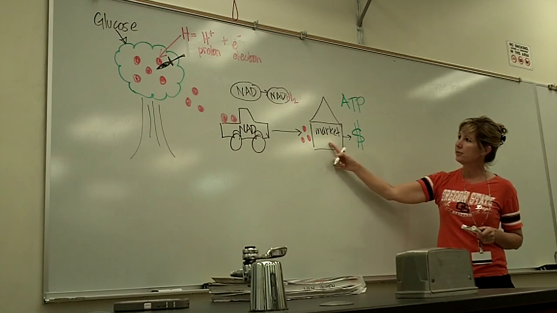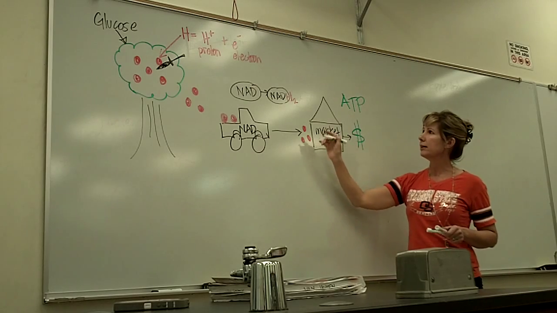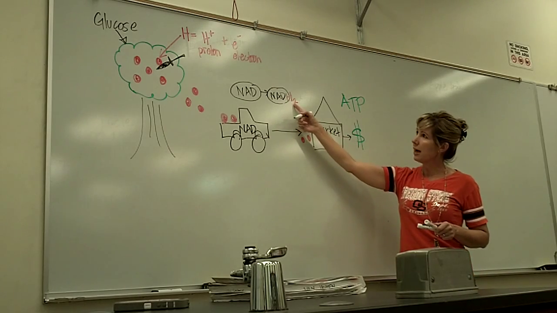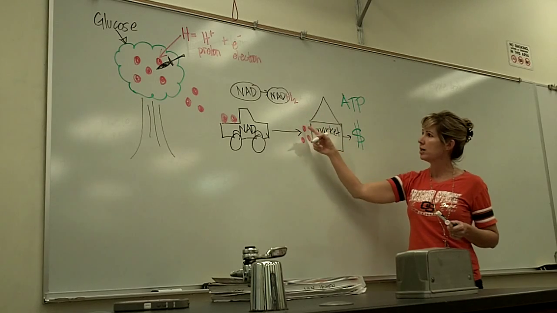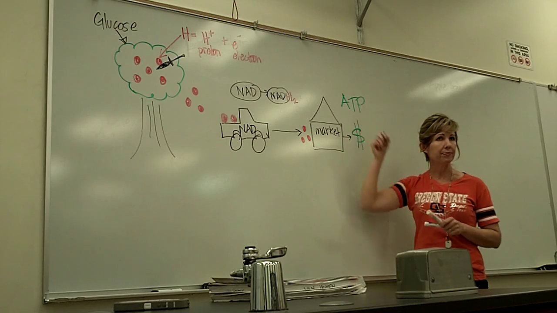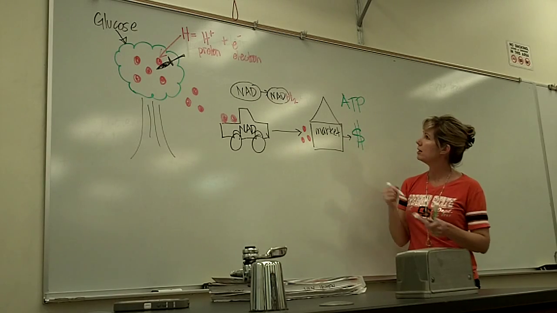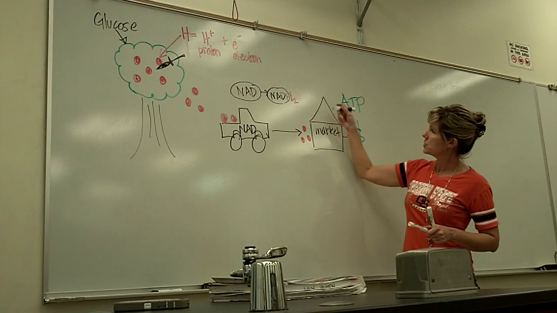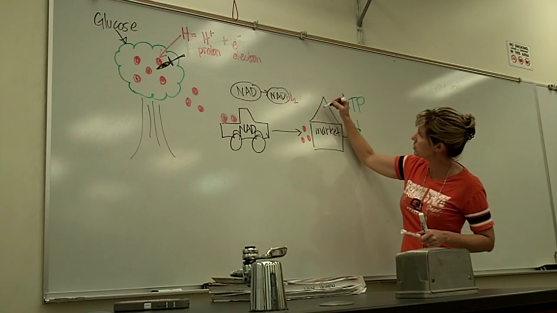And then the last thing to fill in is, what is the market where these hydrogen ions and electrons will be transported to produce that ATP? So what is that specifically called? This will be your electron transport chain.